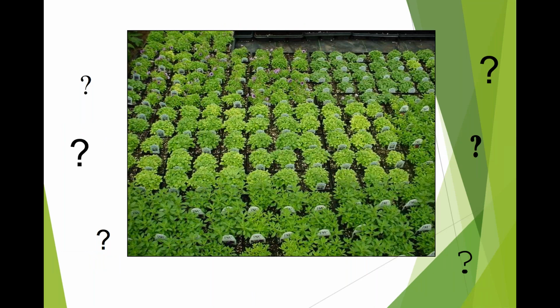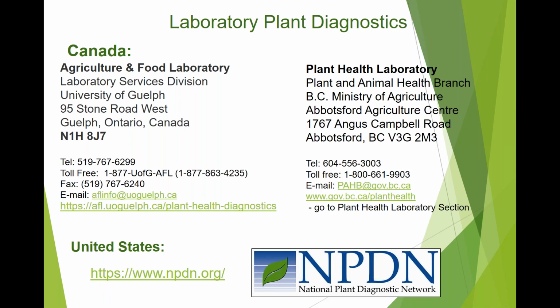So you've done all of this and you've used your references, but you're still not quite sure what the problem might be. What is the next step? It's to contact a laboratory. And in Canada, two that I found online are the Laboratory Services Division at the University of Guelph, and also the BC Ministry of Agriculture has a plant diagnostic lab as well.